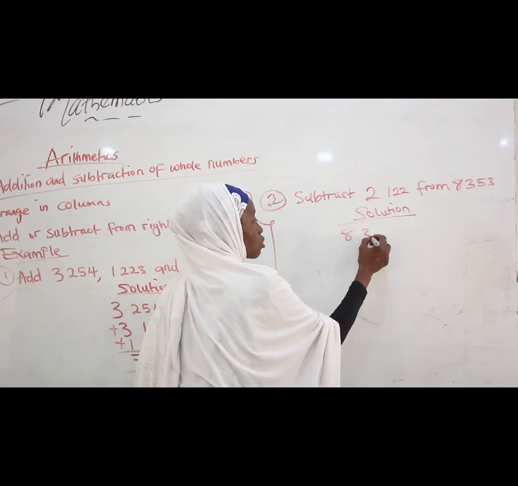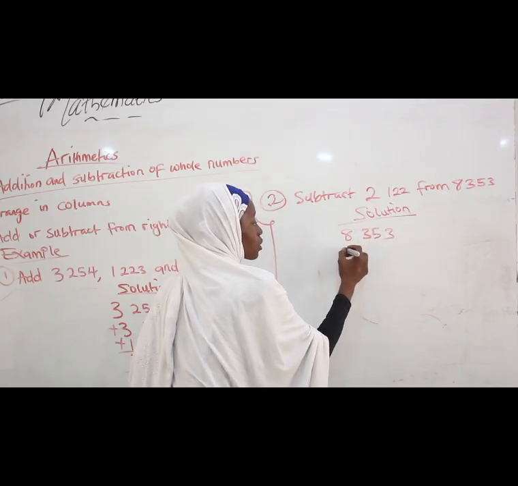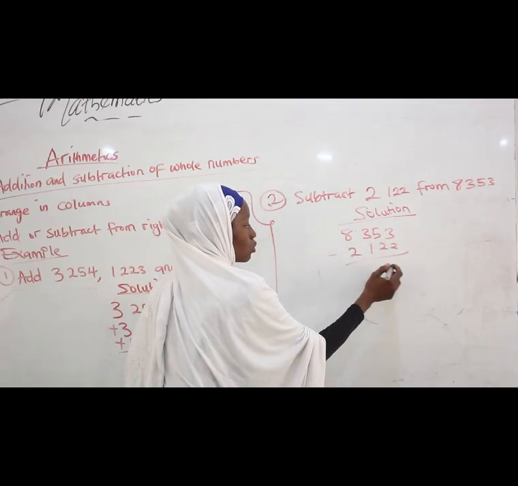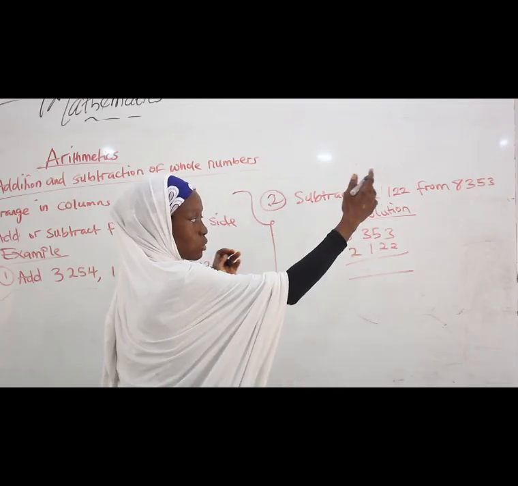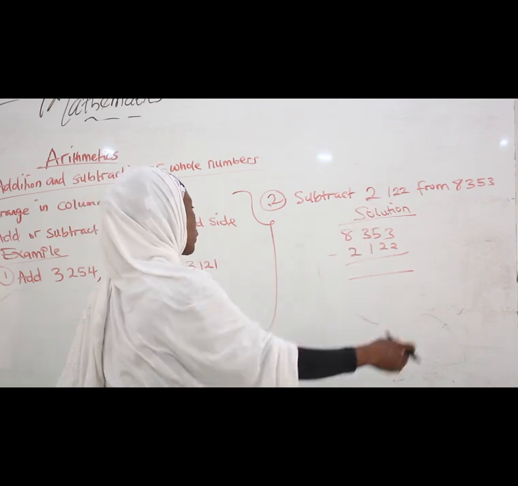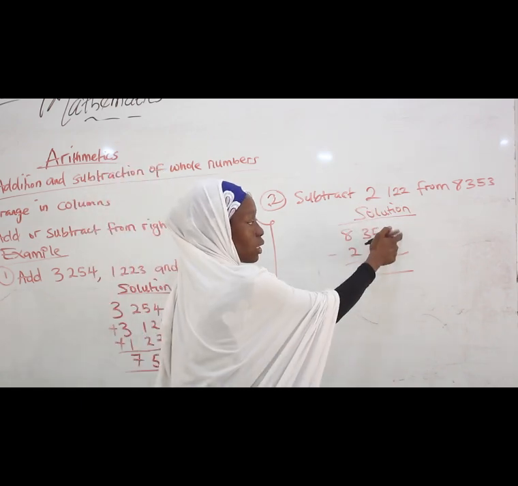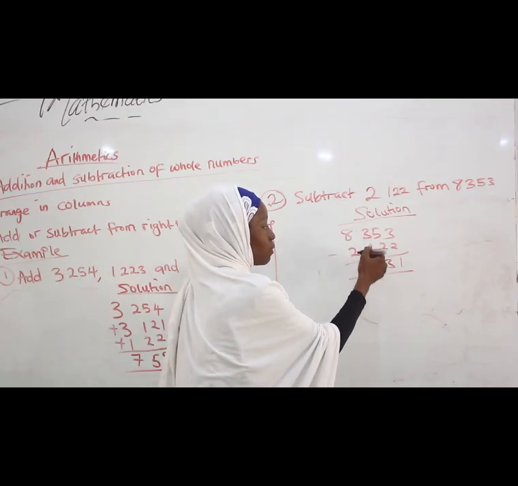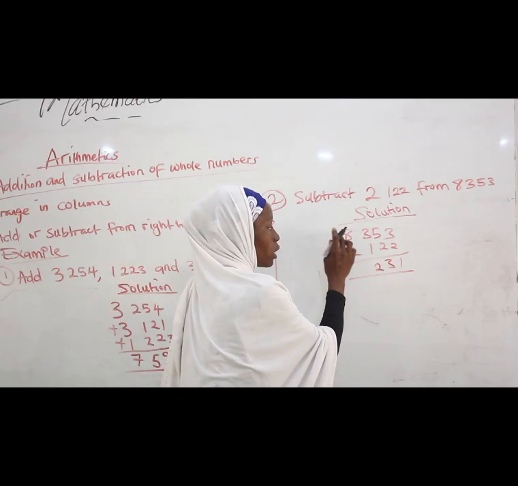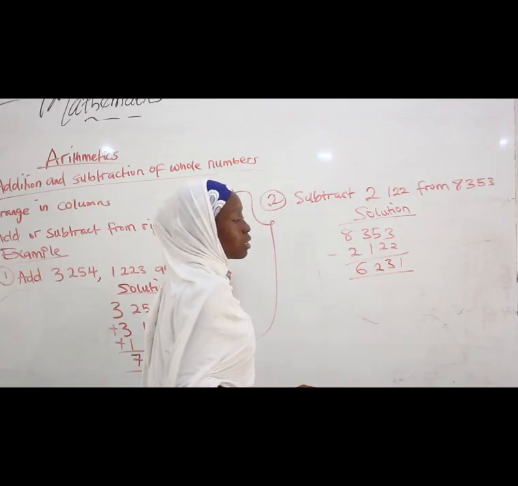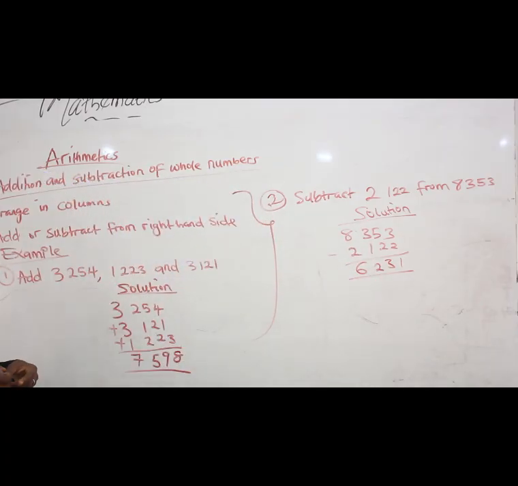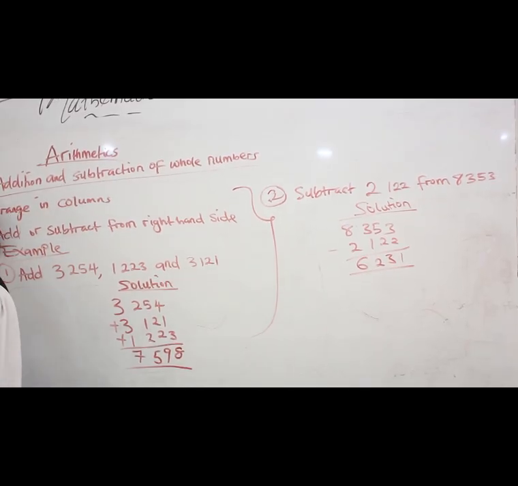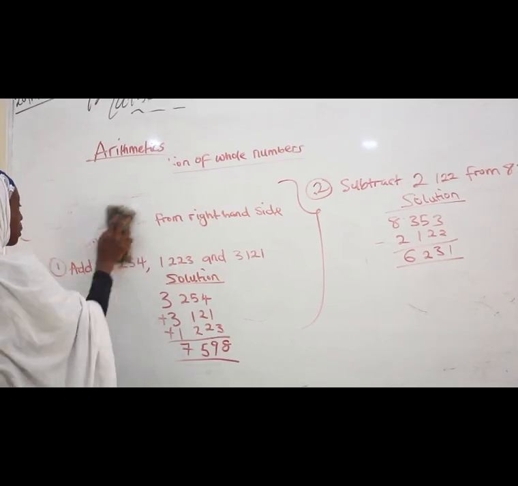So we have 8,353 minus 2,122. You arrange in columns and then you start adding or subtracting from your right hand side. 3 minus 2, we have 1. 5 minus 2, 3. 3 minus 1, 2. 8 minus 2, 6. So this is our final answer under subtraction. That will be all under addition and subtraction of whole numbers.